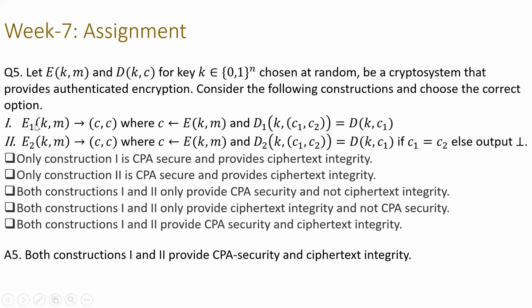The first one is defined where encryption is denoted as E1, and there we provide a ciphertext C, C, where C is computed using the basic encryption algorithm using key K and message M. And decryption is just decryption of the first part of the ciphertext, that is C1, using the key K. So the basic decryption algorithm is run on the first part of the ciphertext using key K.